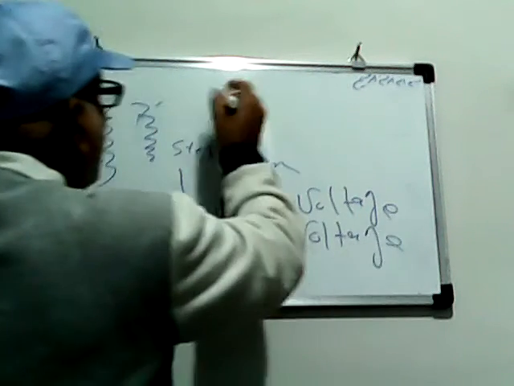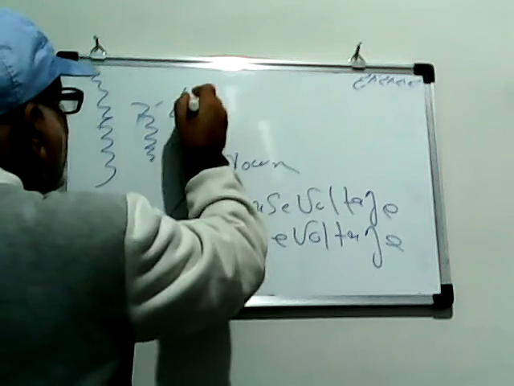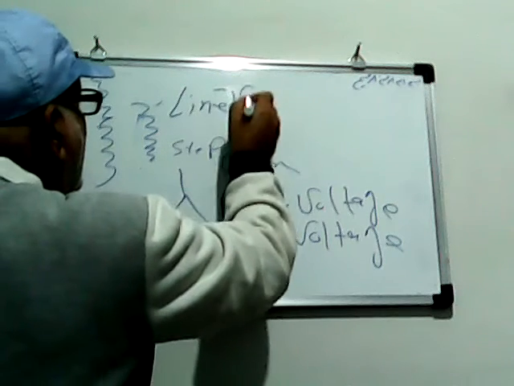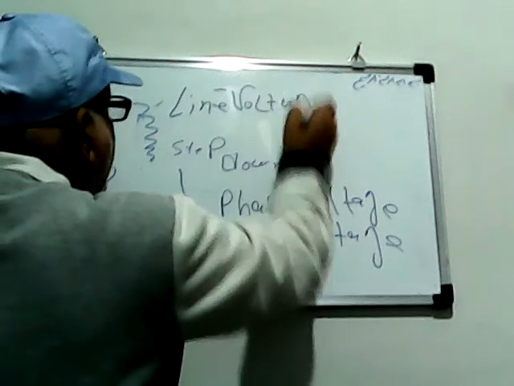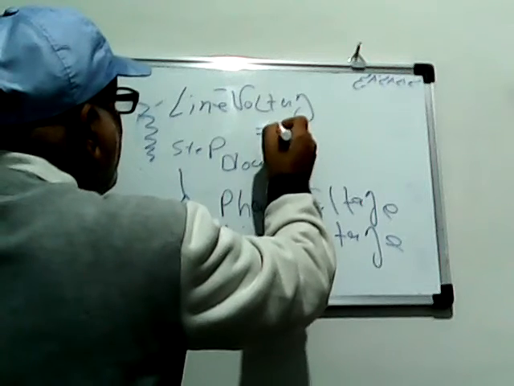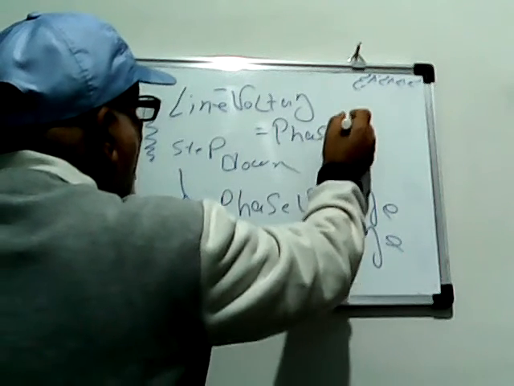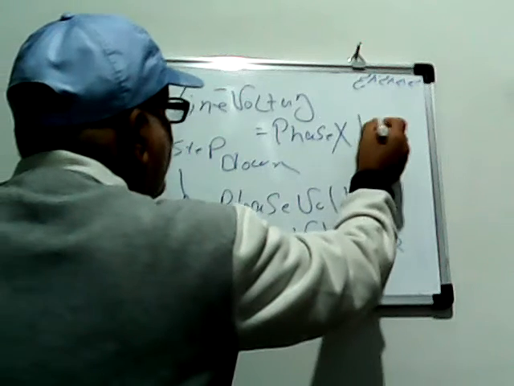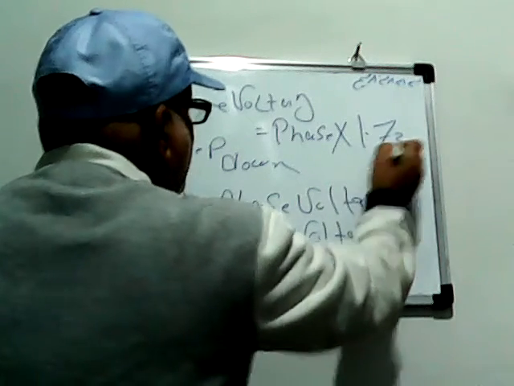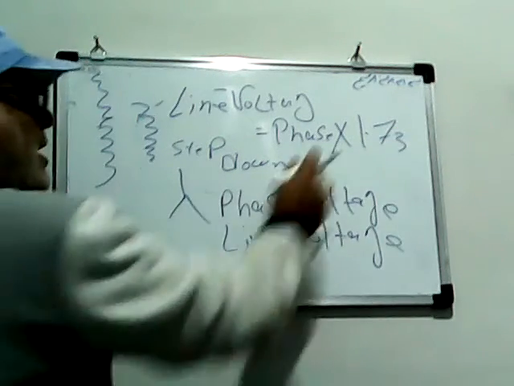In a star, line voltage equals phase voltage times 1.73, the square root of 3.